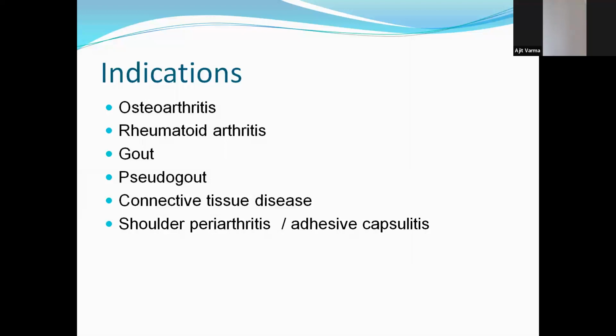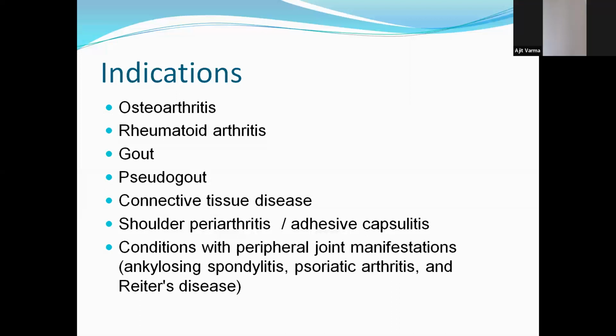Connective tissue diseases, shoulder periarthritis or adhesive capsulitis: it helps a lot by injecting into the joint so that you can reduce the pain, and that helps in mobilizing the joint and strengthening the rotator cuff group of muscles, which helps in early rehabilitation in shoulder periarthritis or adhesive capsulitis. Other conditions with peripheral joint manifestations, such as ankylosing spondylitis, psoriatic arthritis, Reiter's disease, all these conditions with peripheral manifestations: there also the injection into the peripheral joints is a great help along with the treatment of the disease itself.